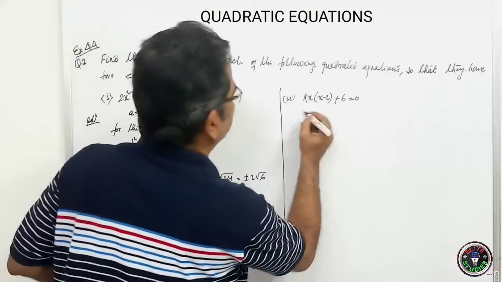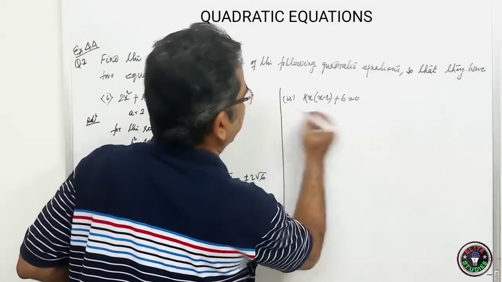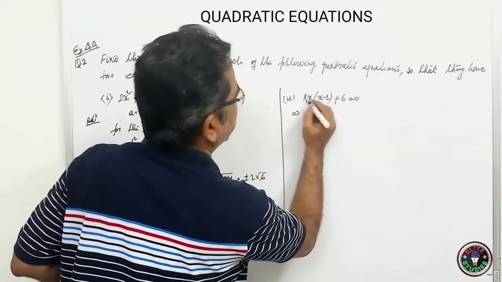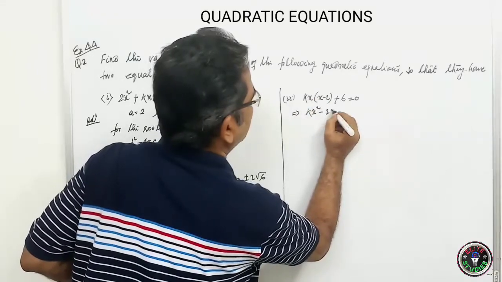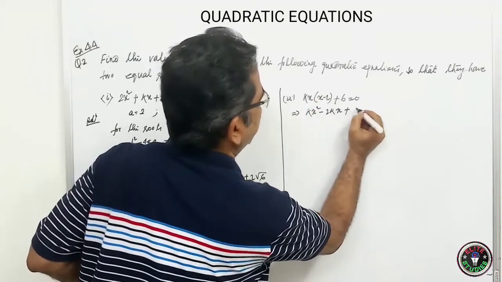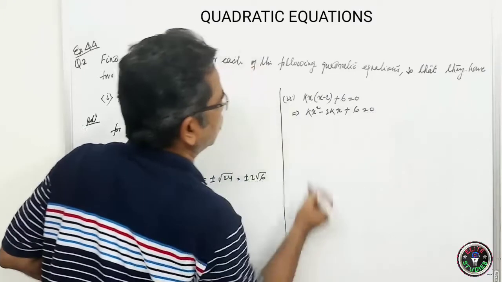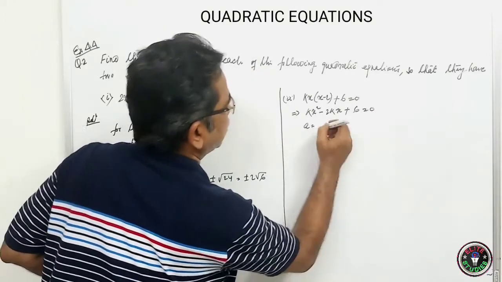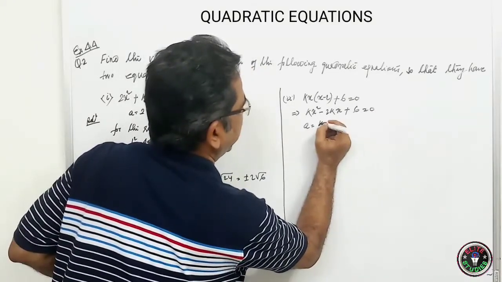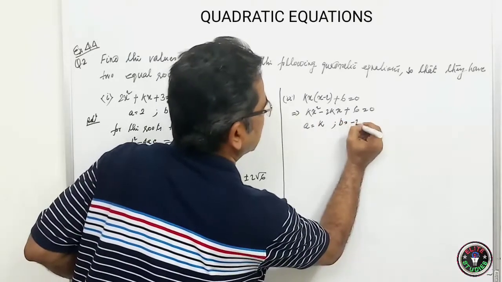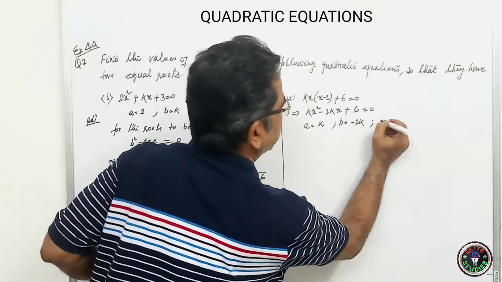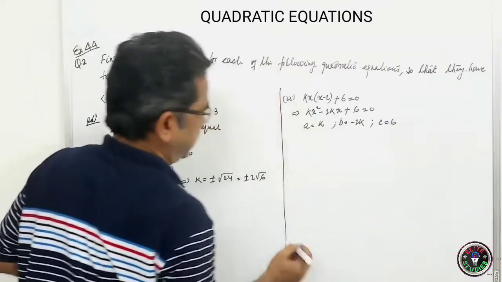Let us do question number 2. Here open it first. The given equation will be kx square minus 2kx plus 6 is equal to 0. So here a is equal to k, b is equal to minus 2k, and c is equal to 6.